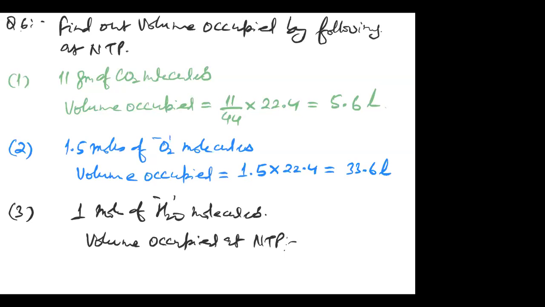There is a catch in the third part. The volume occupied at NTP or STP is 22.4 liter for 1 mole of a gaseous molecule. So just remember, water at NTP is not a gas.